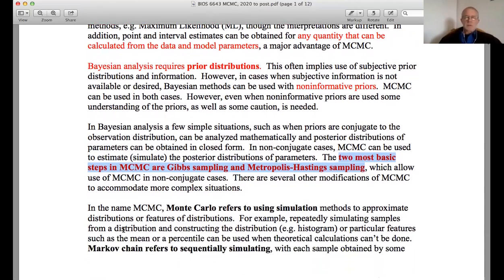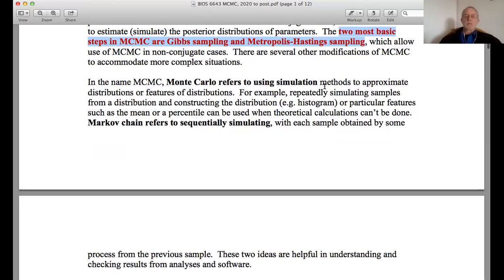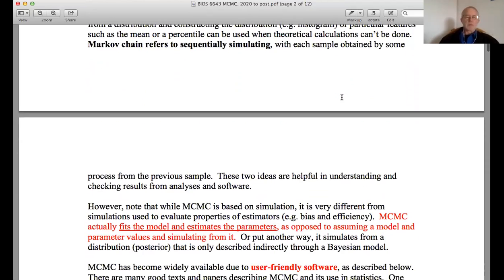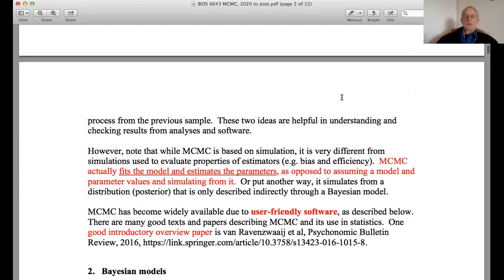So let's see. In this, Markov chain Monte Carlo refers to simulation. What that means is, as I said before, we don't get an equation for the posterior. We get a set of samples, and we can make histograms and means and intervals from those. Okay, so it's kind of a different way of thinking about fitting a model. It's a kind of simulation.